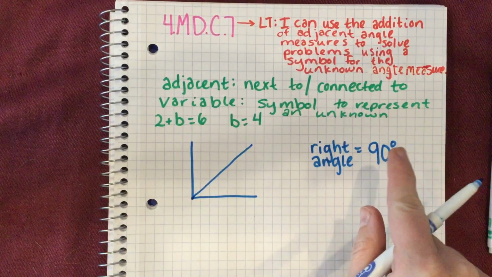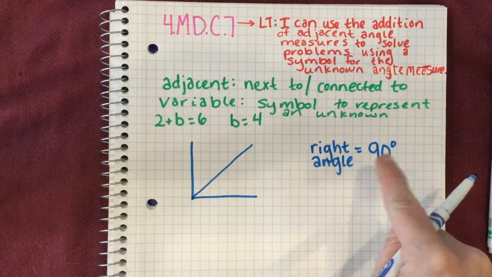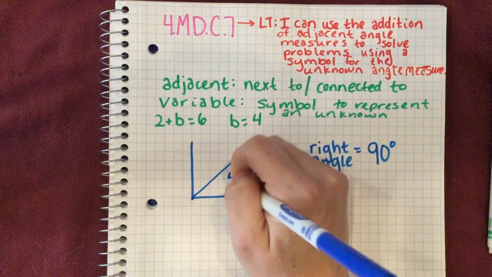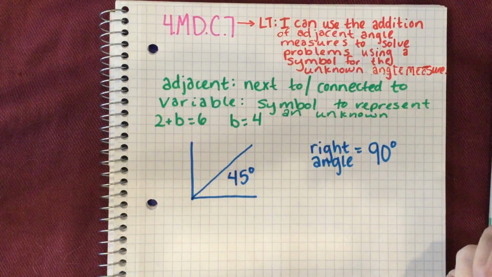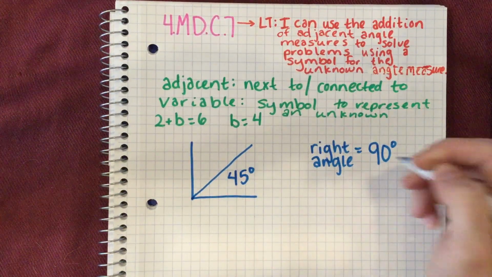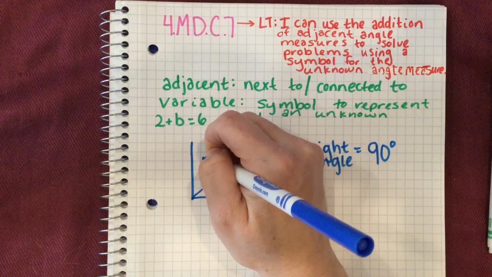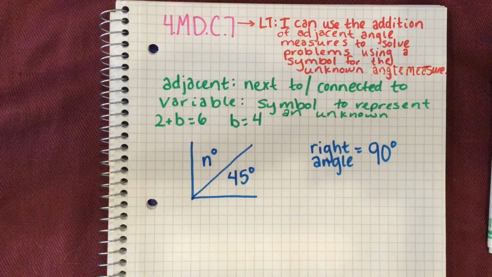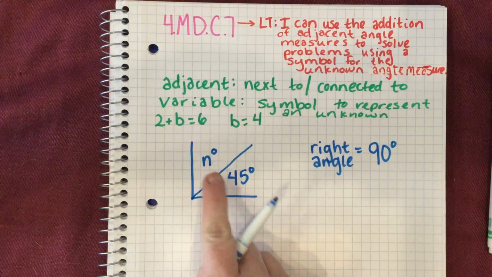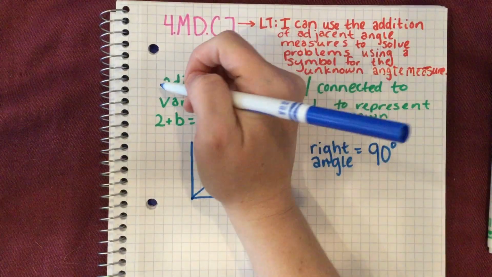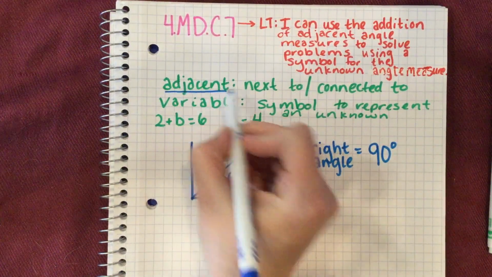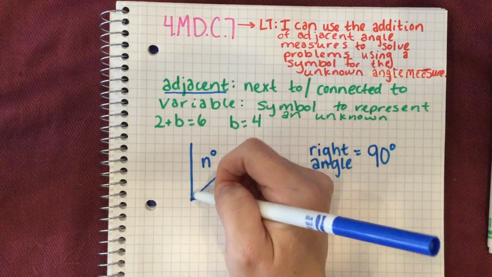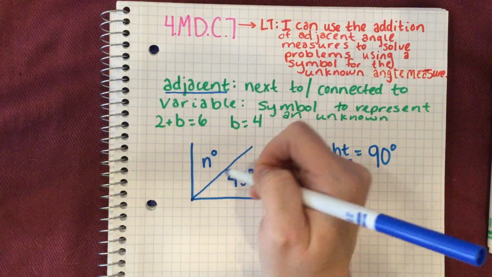90 split into 2 exact same parts would be 45 degrees and n degrees. These 2 angles are adjacent. They are next to or connected to each other. So instead of having one 90-degree angle, I actually have 2 angles.